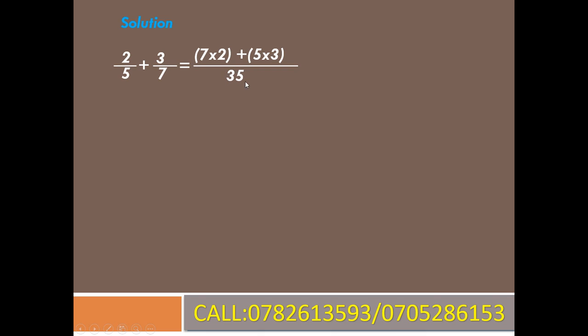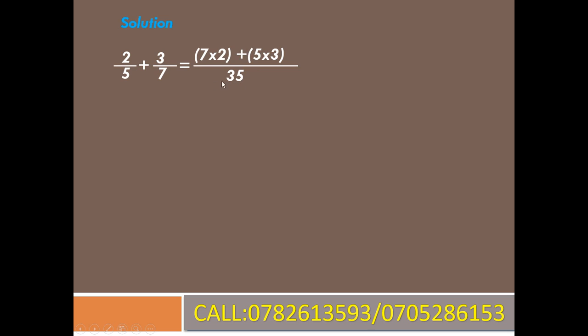Now once you get this LCM, which is 35, we shall take 35 divided by 5, and that gives us 7. Now 7 times 2, which is this. Now we keep the sign plus.